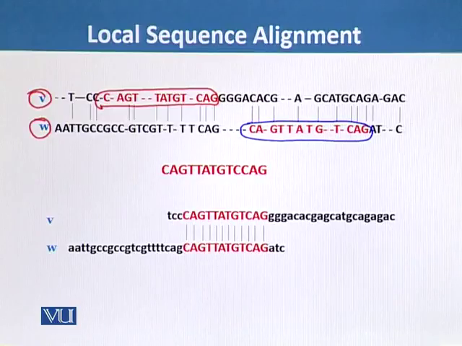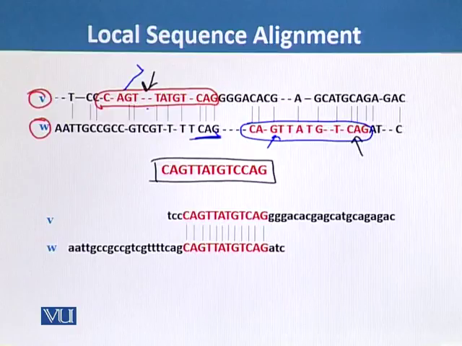The sequence of this domain is CAGT-TT-GT-CAG, and this domain is identical in the other gene, where it is present at the end. So the conserved sequence at the start of this gene and at the end of the other gene is this conserved domain.